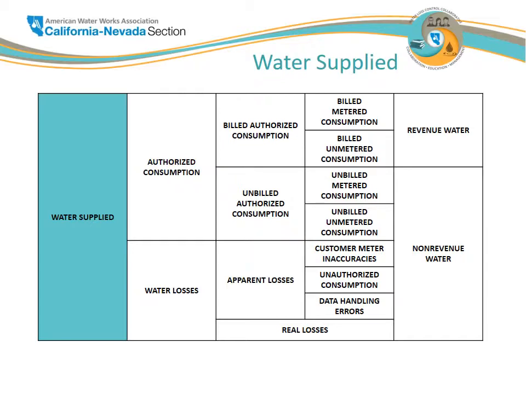And whatever isn't determined to be part of that authorized consumption is categorized as water loss. So all of which is to say, getting water supplied right is really critical to determining and estimating our water losses. It serves as our starting point, and so we want to pay special attention to it.